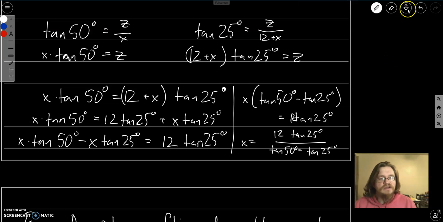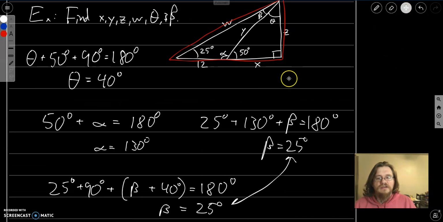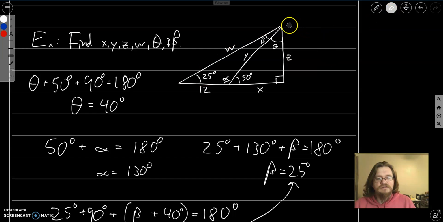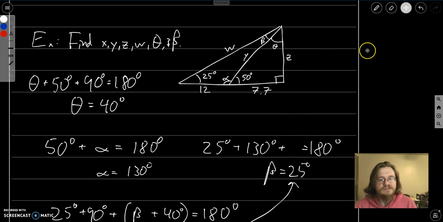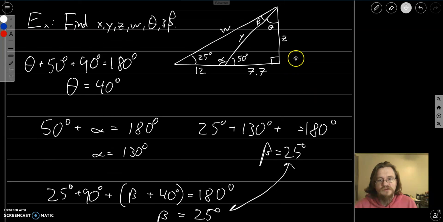So x we found was 7.7. It was a lot of work, but the algebra shouldn't take too long. It's just maybe a little bit messy. And then there's a few nice relationships which we saw.